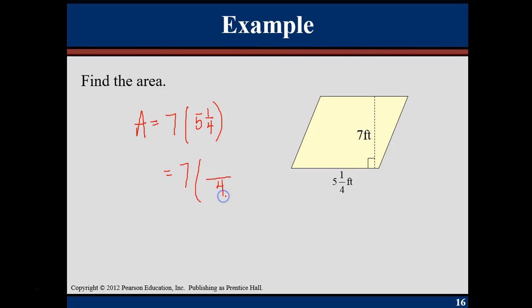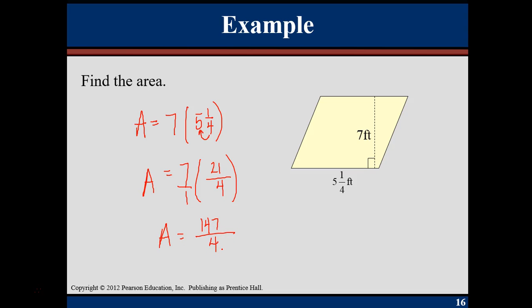Remember, you keep the denominator the same, multiply the denominator by the whole number, and then add the numerator. 4 times 5 is 20, plus 1 is 21. And when I have a fraction times a whole number, I put an invisible 1 underneath, and now I'll multiply straight across. 7 times 21 is 147, and 1 times 4 is 4.